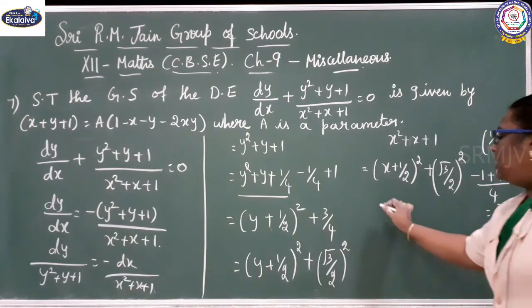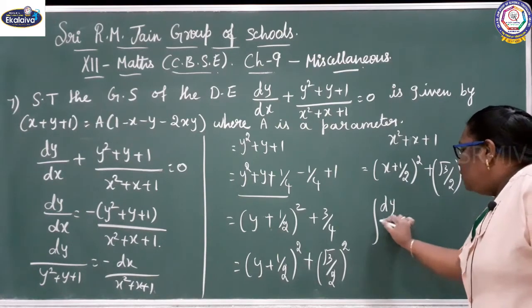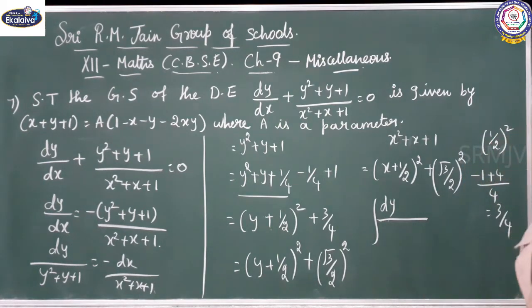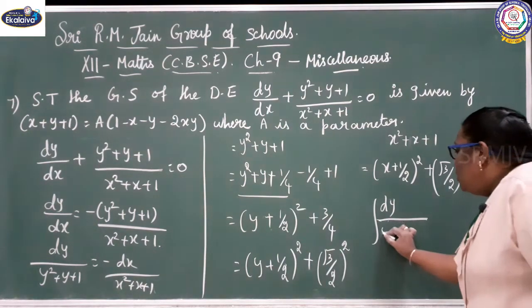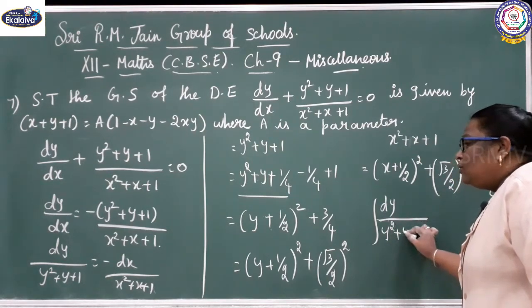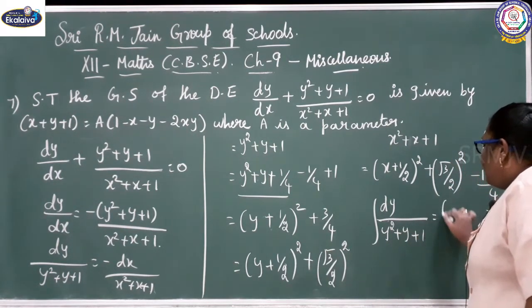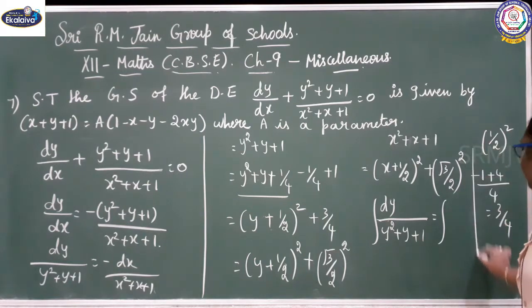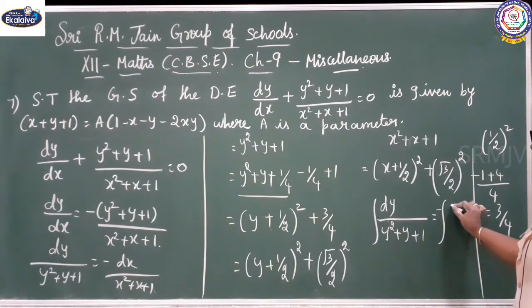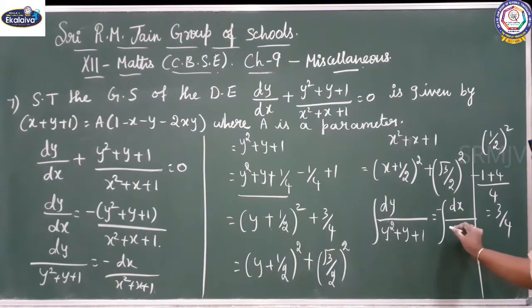So now you are taking integral dy by y square plus y plus 1 equal to integral minus of dx by x square plus x plus 1.